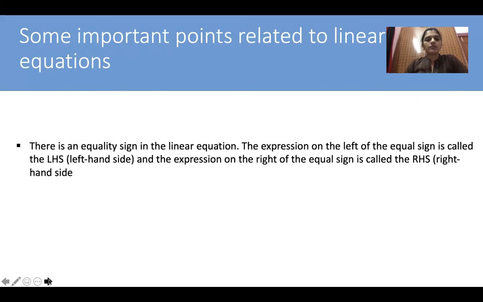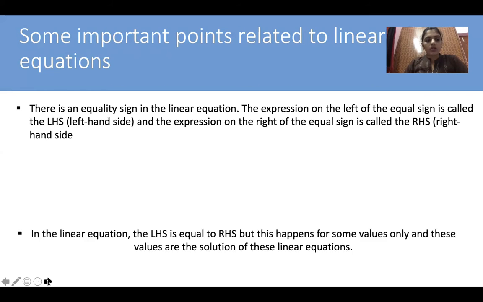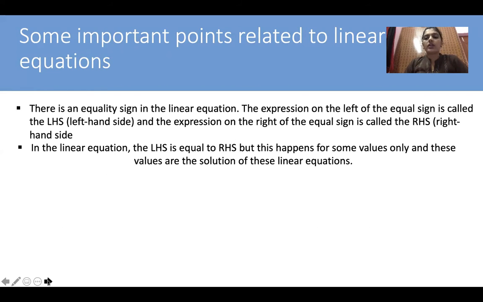Now there is an equality sign in a linear equation. The expression on the left of the equal sign is called the left hand side, and the expression on the right is called the right hand side of the equation. In a linear equation, the left hand side and right hand side are equal, but this happens for some values only.